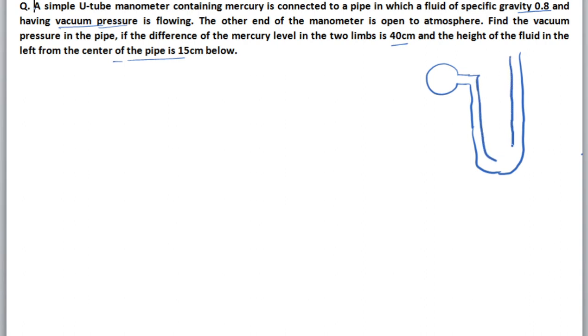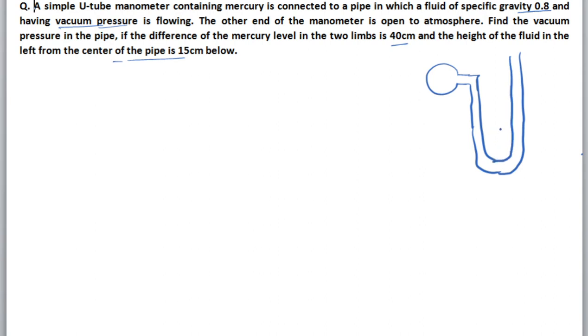So let us draw from the data what is given. This is the pipe in which the liquid is flowing. This is the U-tube manometer.